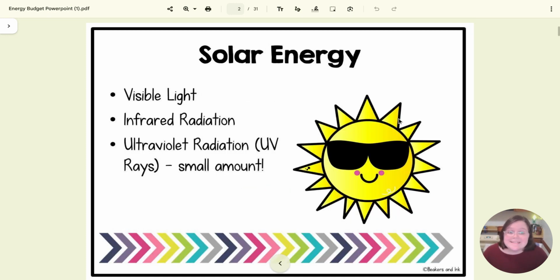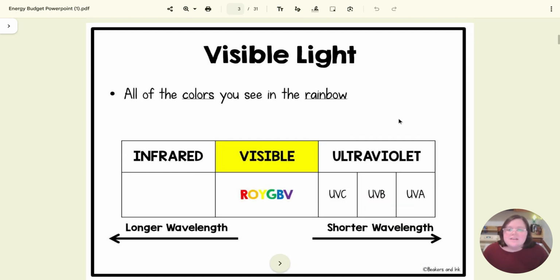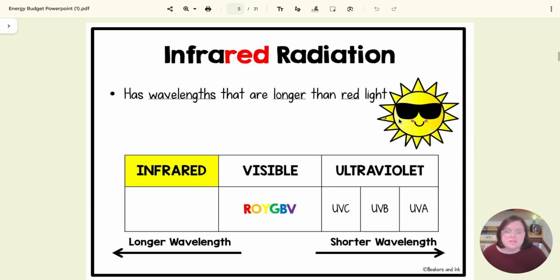And solar means sun. So, visible light is all the colors you see in the rainbow. Ultraviolet is shorter, infrared is longer. Okay, those visible ones go in order of Roy G. Biv. When we talk about infrared, that means the wavelengths are even longer than red light.